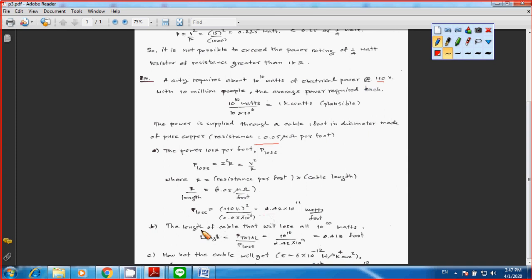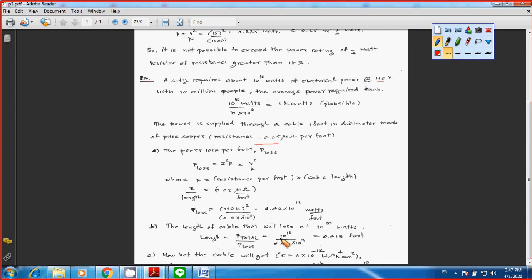And you are also able to calculate the length of cable in which all the electric power is going to be lost in the copper cable. So you can find the length equal to P total divided by P loss.